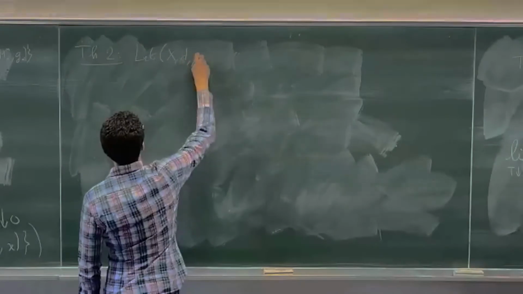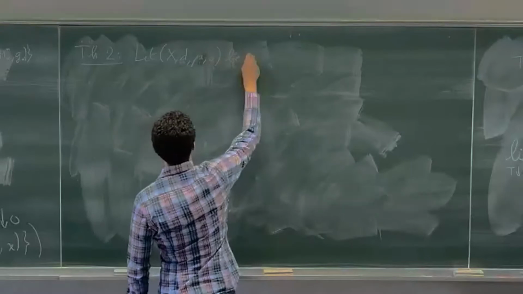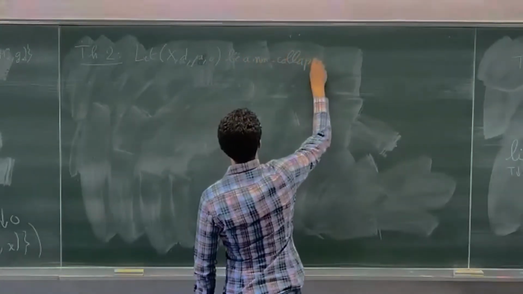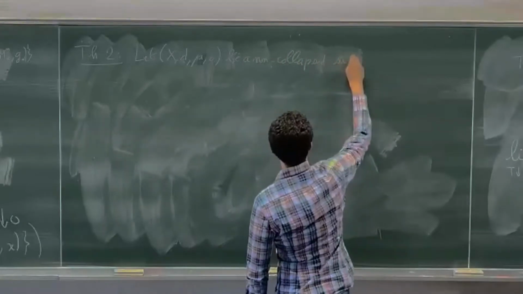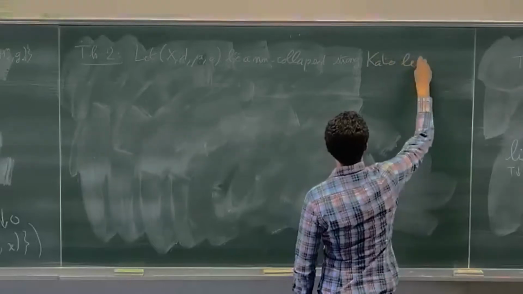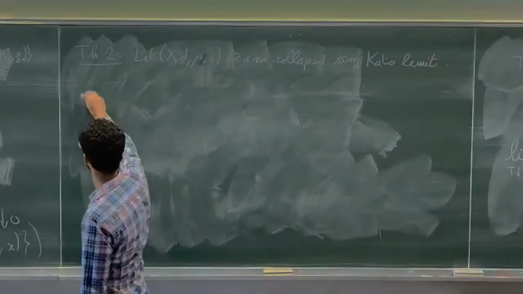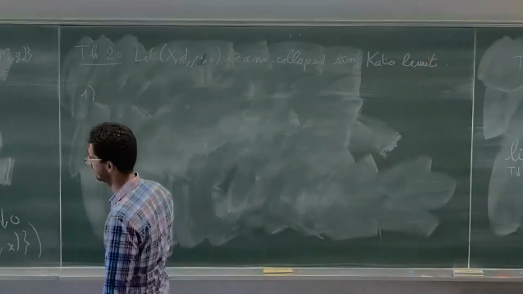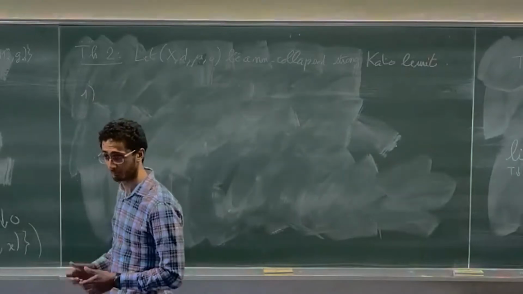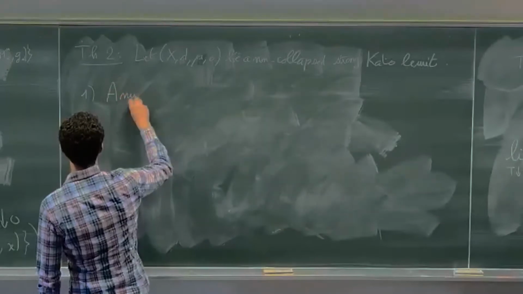Let X nu be a non-collapsed strong Kato-limit. Then the first point is that any tangent cone is a metric measure cone.